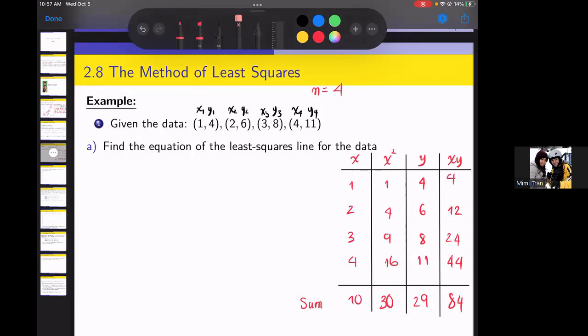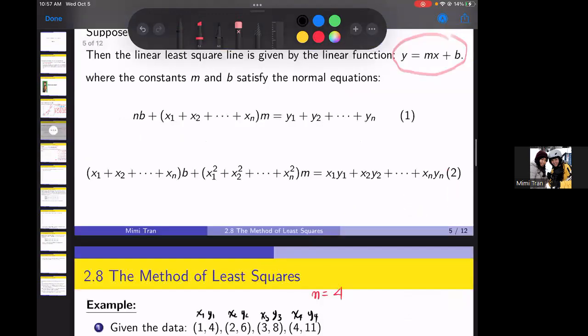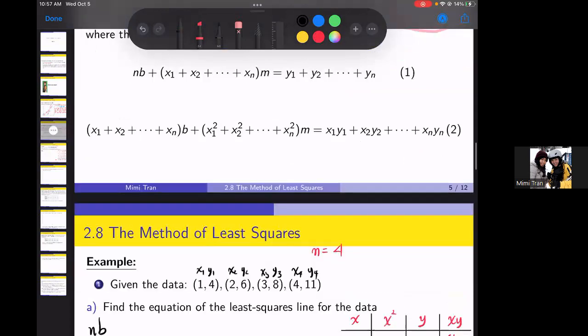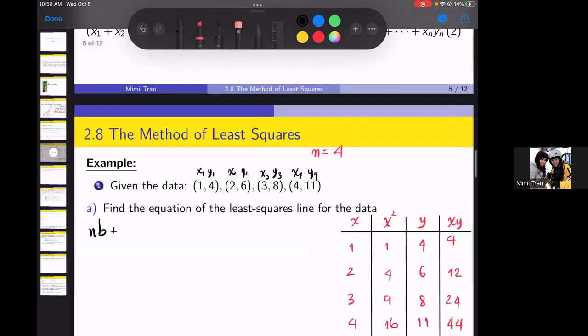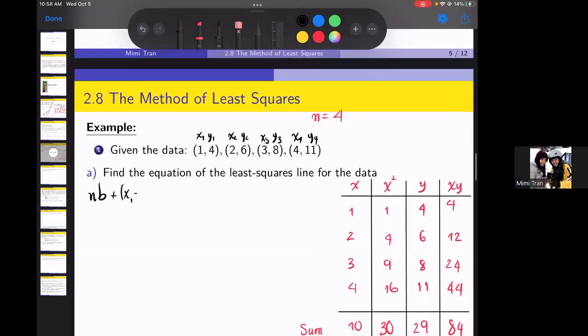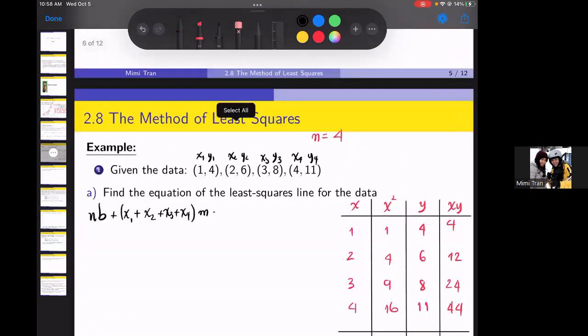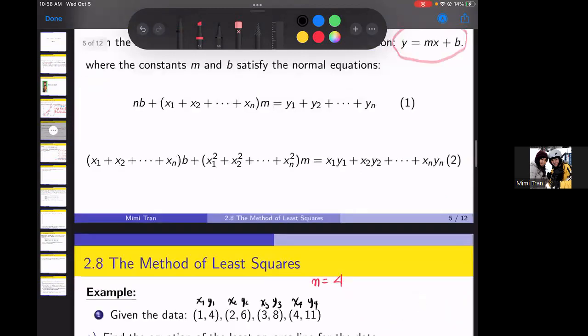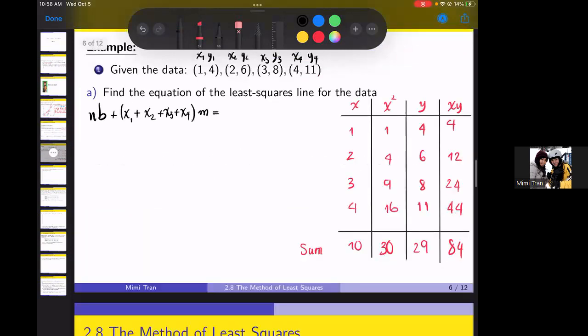All right, now you plug it in, right? Let me rewrite the equation for you. I just rewrite it once. The first one is n times b plus sum of x. How many x do we have here? 4, right? So x1 plus x2 plus x3 plus x4 times m equals, on the right hand side, the sum of y. Of course, you have 4 y's. So y1 plus y2 plus y3 plus y4. That's my first equation.